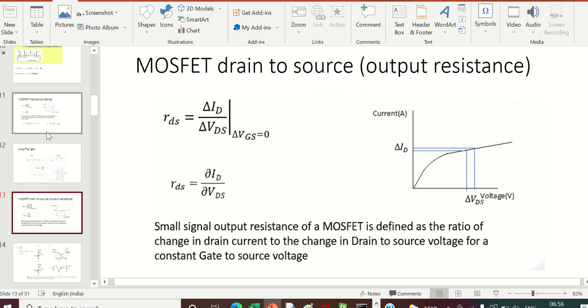So what is that resistance? The higher the resistance, the better it is. If you take ID and VDS, you will get that resistance. The higher that resistance, the better it is for us. How will this become bigger and bigger? Let us see that.